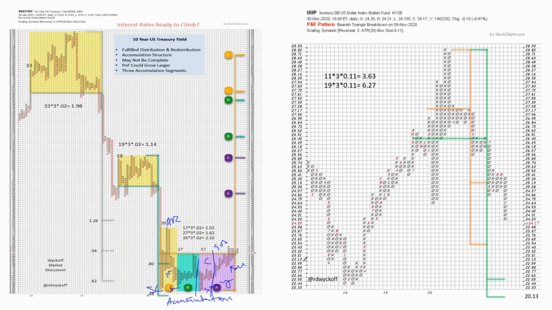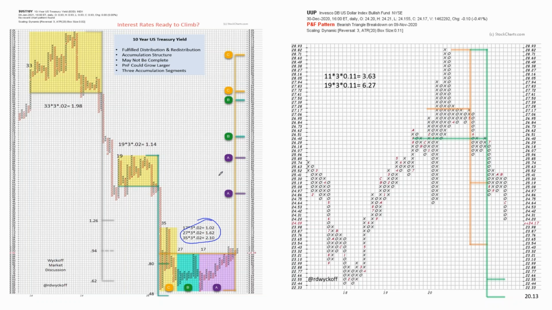Does that mean we couldn't have an attempt to come back into the accumulation structure, making the count even bigger? I don't know, but I just took the count as it stands right now, and we have what we call three segments. I've noted those as segment A, segment B, segment C, and these are just approximations for how far this could go.